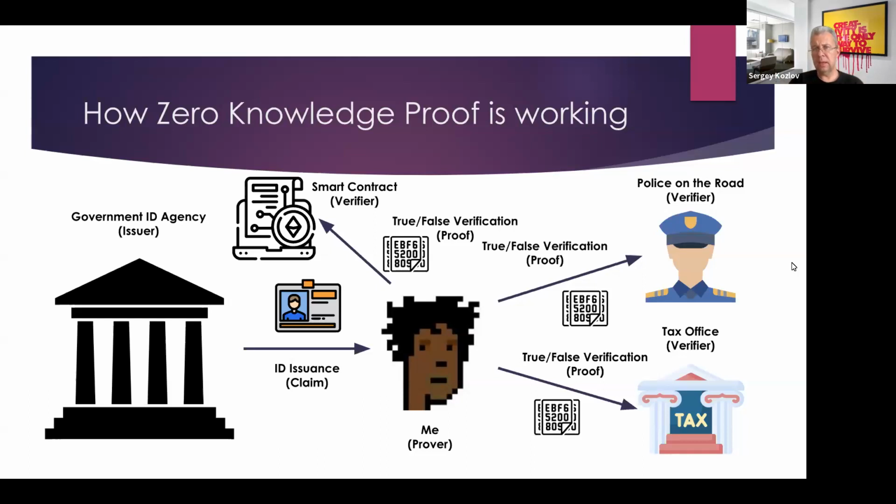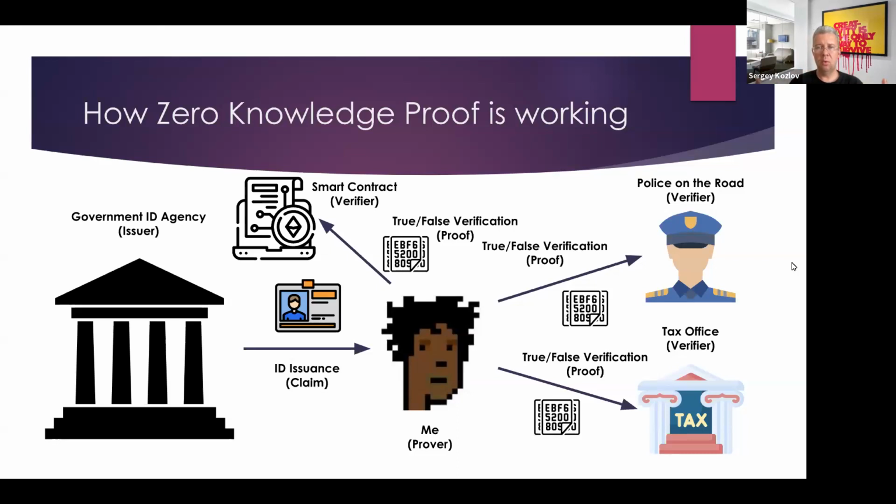Again, the same thing works for the smart contract because it's all algorithm, it's all mathematics. So if with the police officer we exchange the real plastic driving license, here we can do it by sending certain numbers in a transaction.